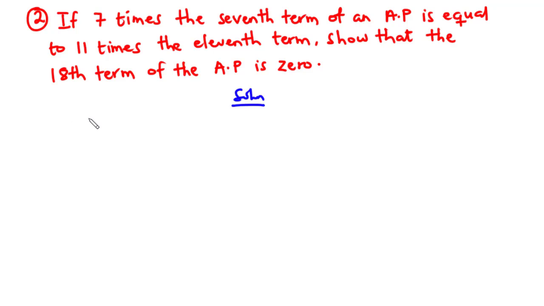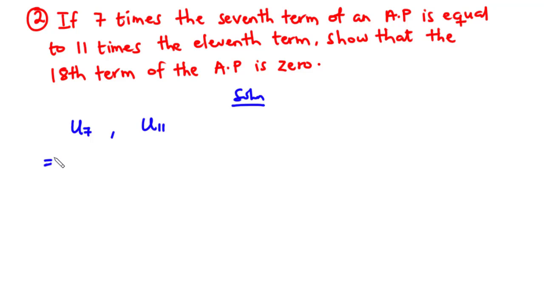Now we know that the 7th term of an AP is written as u7. And then we also know that the 11th term of an AP is written as u11. Now from the question, 7 times the 7th term is equal to 11 times the 11th term.